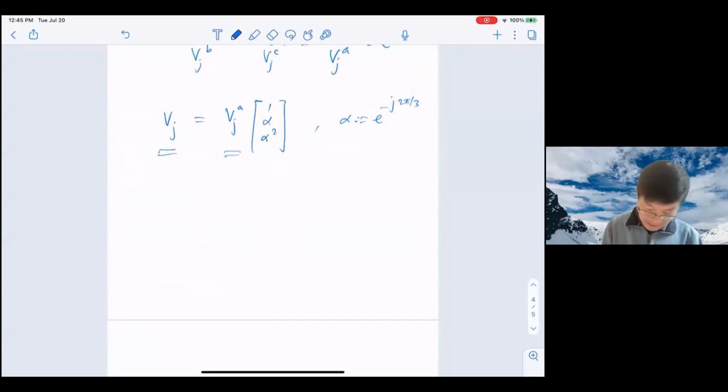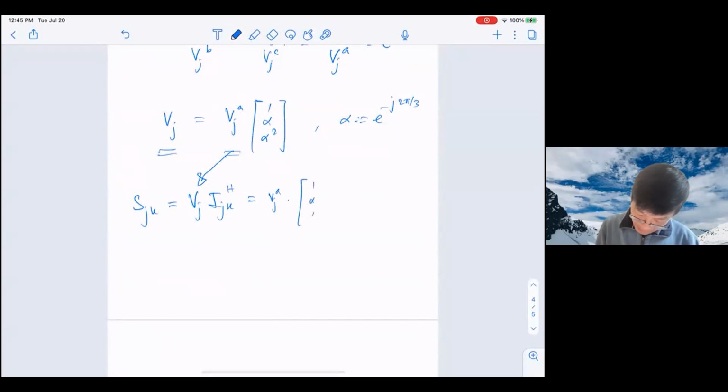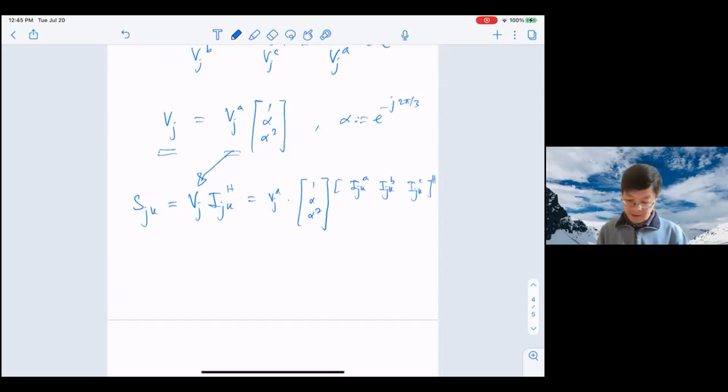So the key thing is to look at this expression, which defines a branch power flow, and we substitute V_j to be determined by V_a only. So you get the scalar V_j, and then this is 1, alpha, alpha squared, and then you get I_jk A, B, C complex conjugate. So what does this mean?